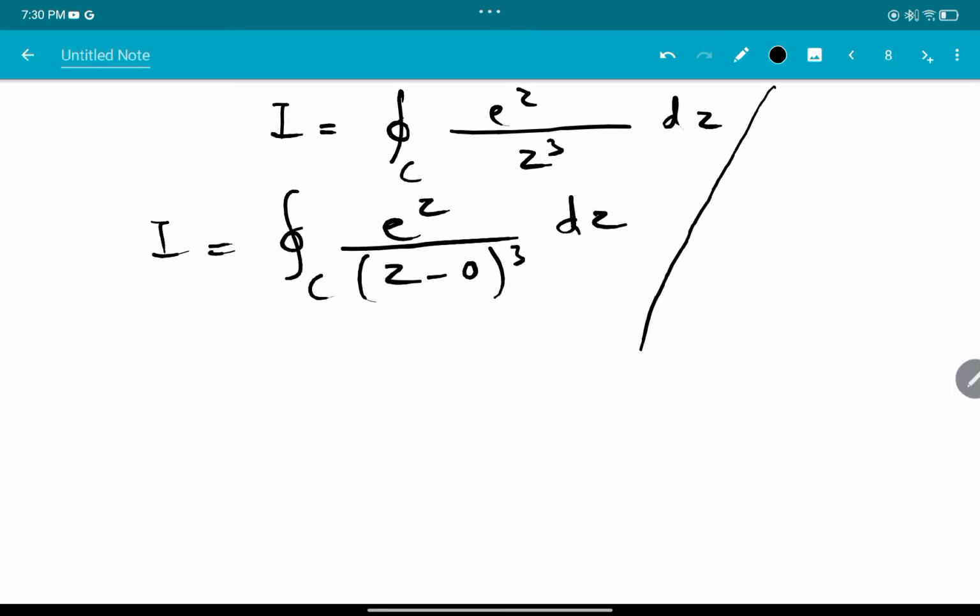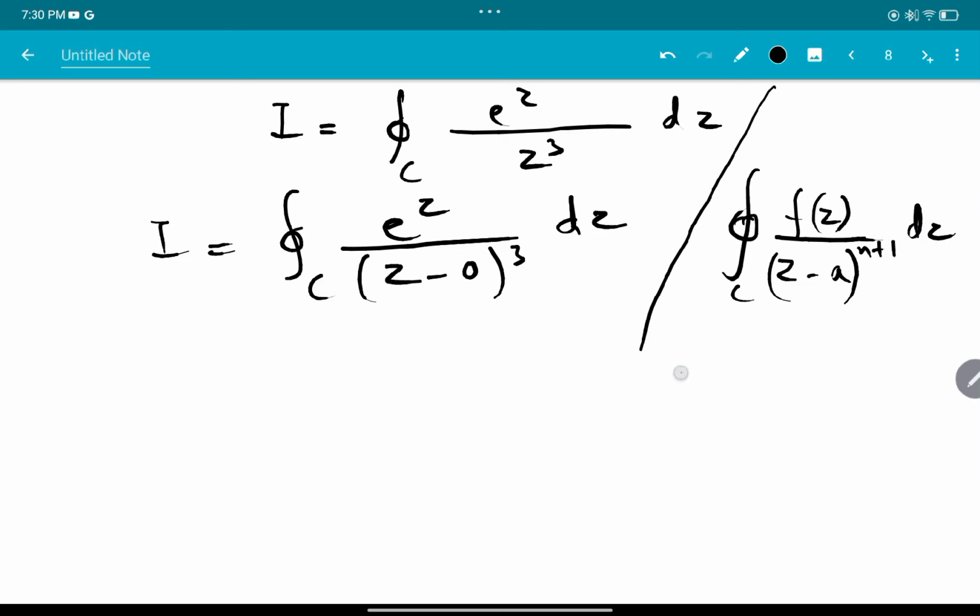We apply Cauchy's integral formula in the generalized form. That is the generalized Cauchy integral formula. We will have to keep that here. Suppose we have this. This is the Cauchy generalized integral formula: f(z) divided by (z minus a) raised to n plus 1 dz.